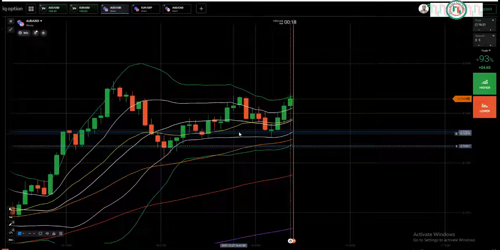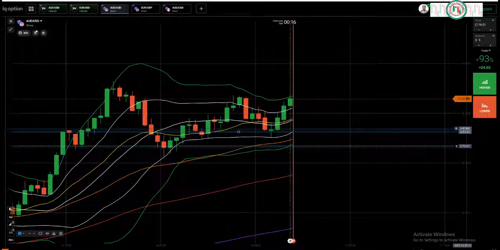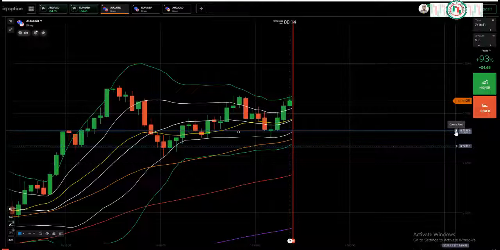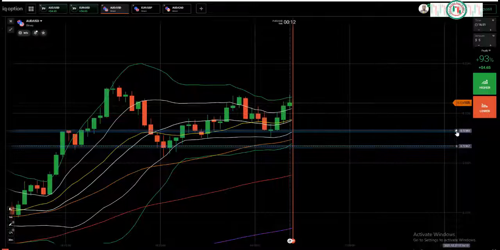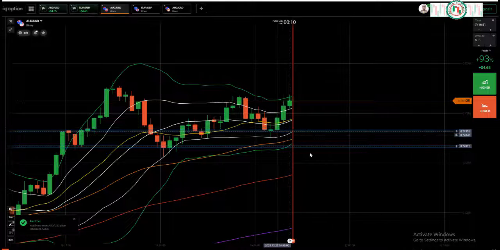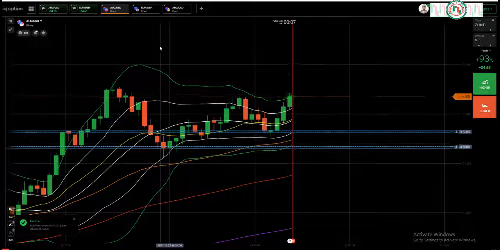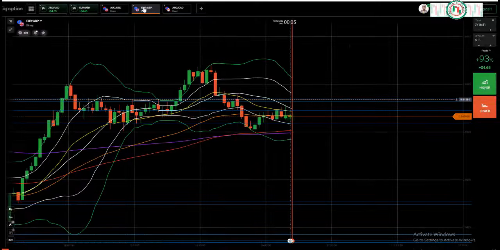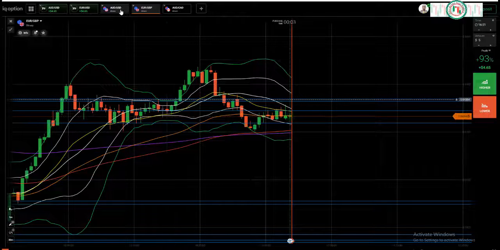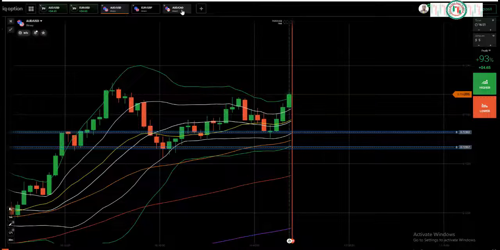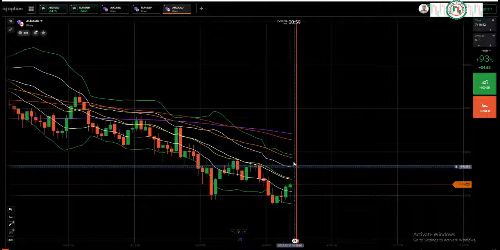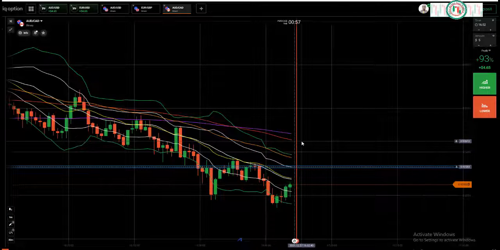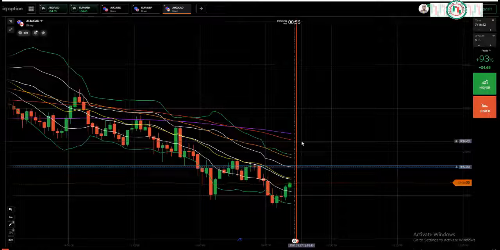Here. This area is another nice area. So if market comes to this area or this area, I will place a trade. Or here, or this area. So I will wait now.